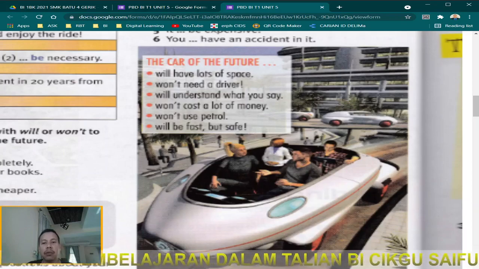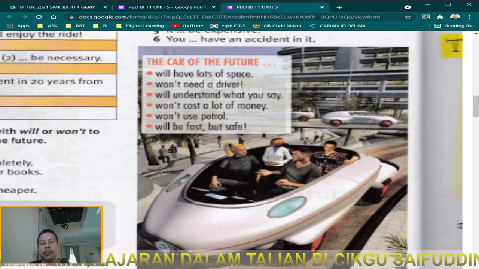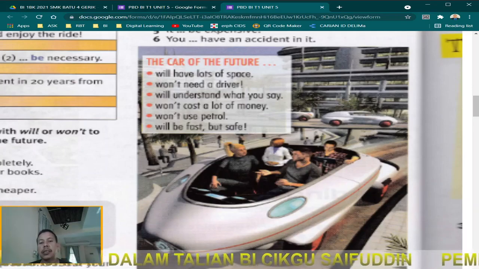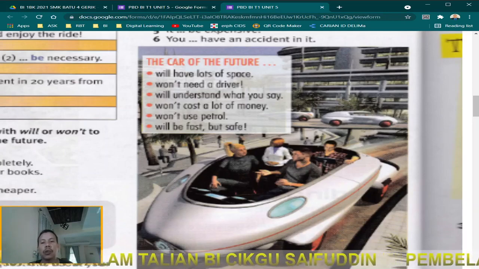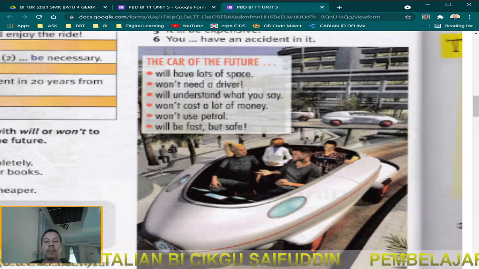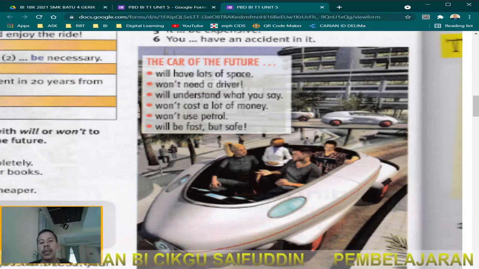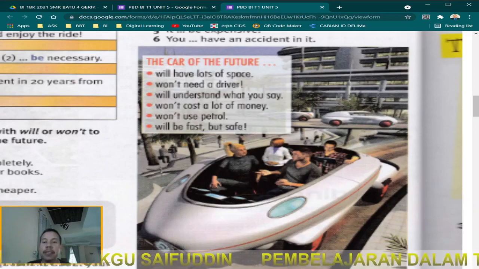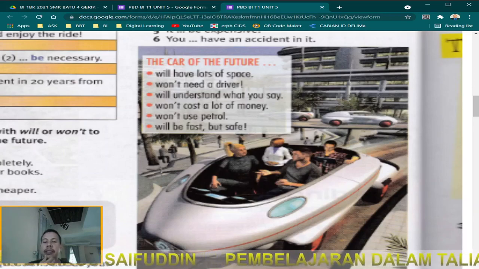Okay, won't use petrol. Of course, in the future, nowadays we have electric cars. So maybe in the future, we don't have to use petrol anymore. Okay, and then will be fast but safe. Okay, let's look at the Shinkansen. Okay, the fastest train in Japan.